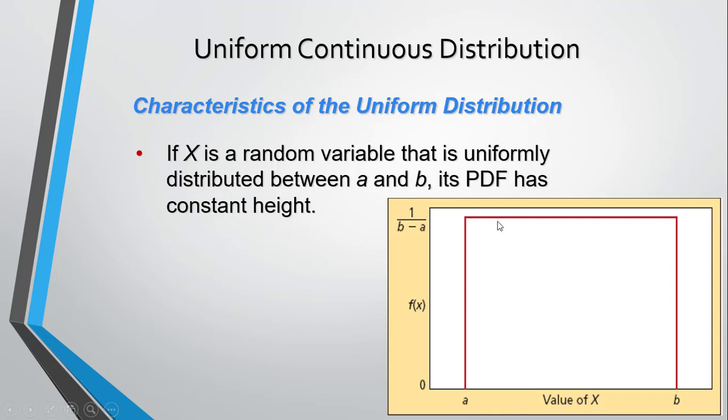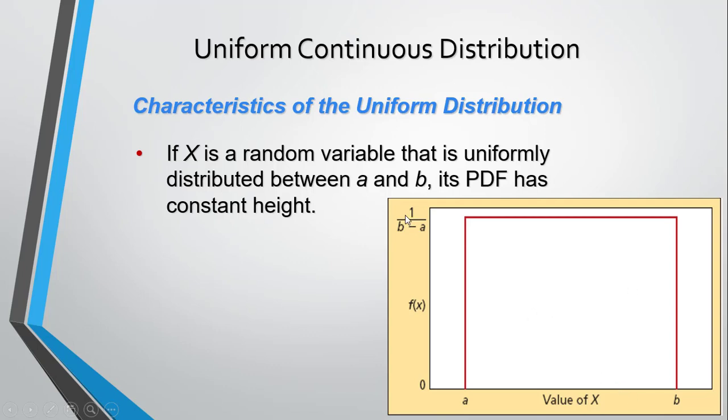The variable x can take any value between point A and point B, but anywhere between A and B, its probability density is constant at 1 over (B minus A). Therefore it is a horizontal straight line, and the curve is just like this red rectangle.